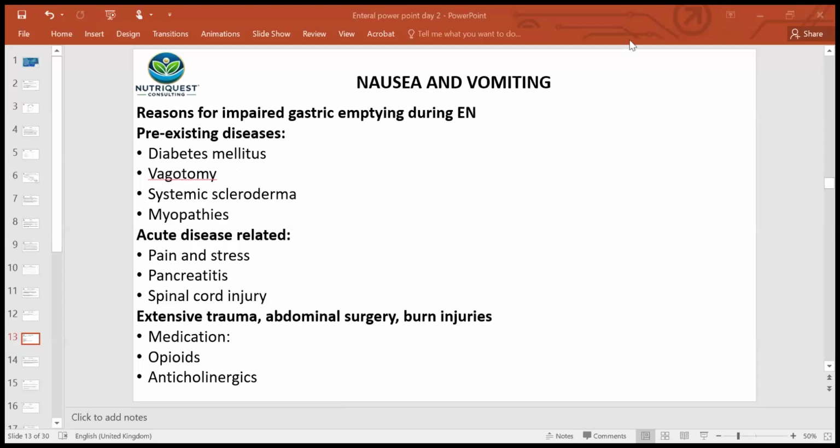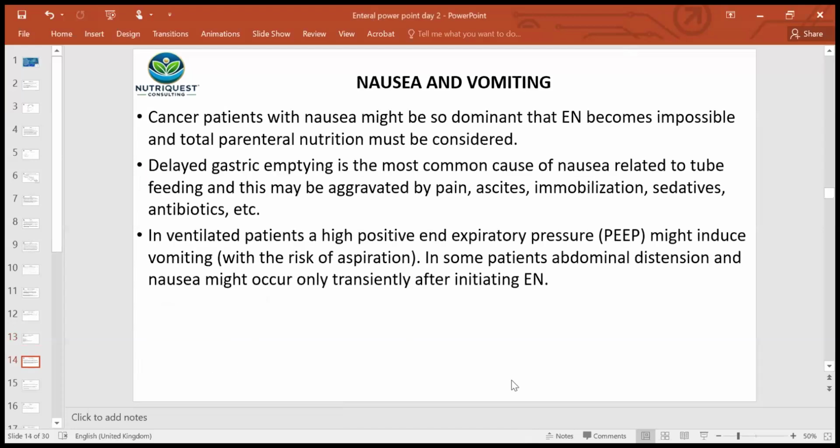And then, moving on, cancer patients with nausea might have it so dominant that enteral feeding becomes impossible and total parenteral nutrition must be considered. So for cancer patients, sometimes nausea and vomiting might be too much that even with intervention, it might not help.